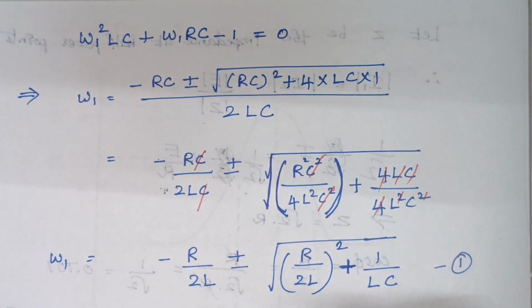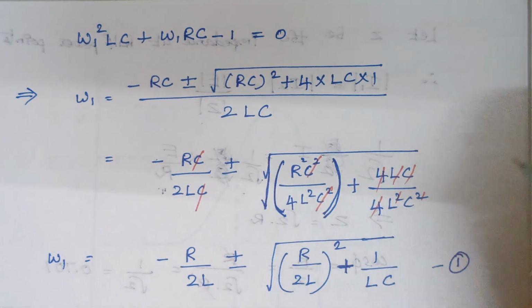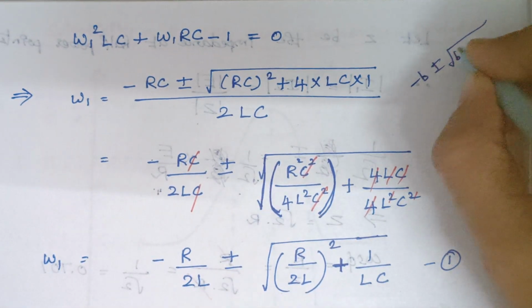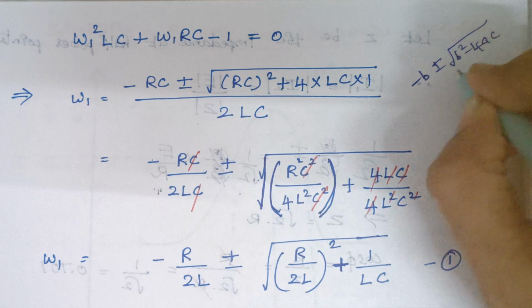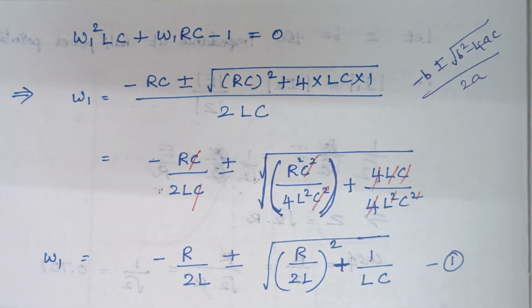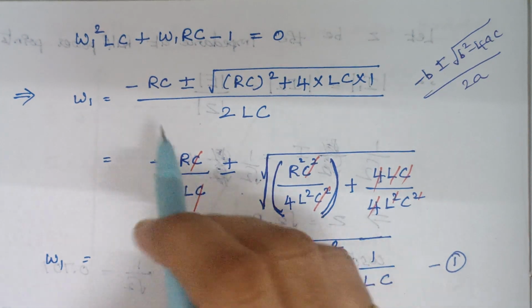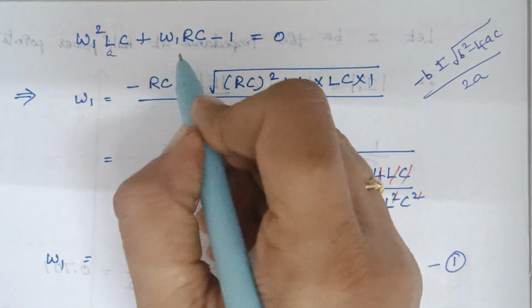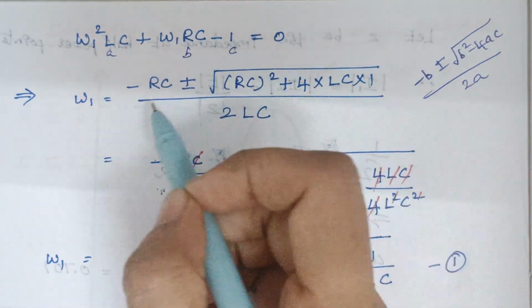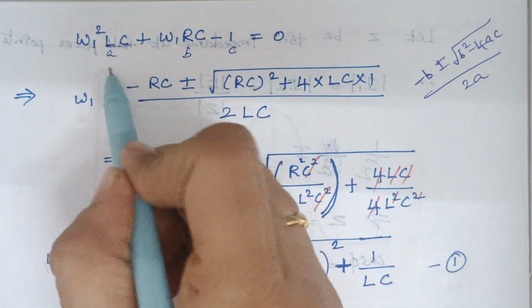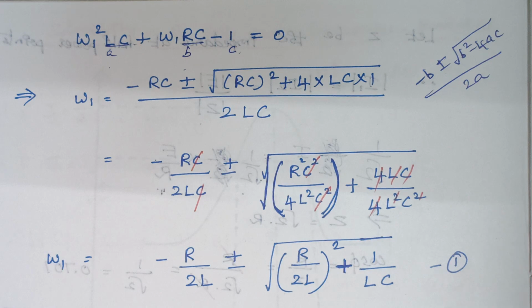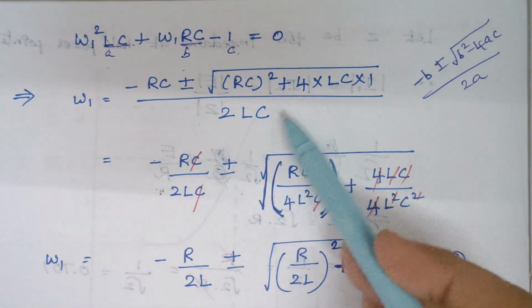Now we are going to find the value of roots. So what is the base formula? It is given as minus b plus or minus root of b square minus 4ac divided by 2a. Right. So from this expression, this is your a, this is your b and this is your c. That is LC is your a, RC is your b and the value of c is minus 1. Right? So just substitute it here.